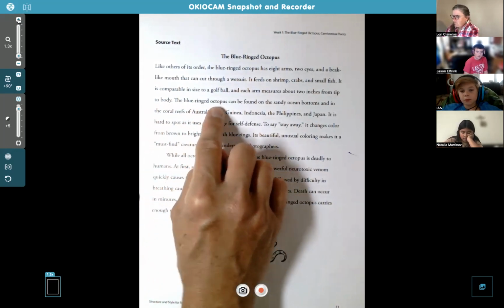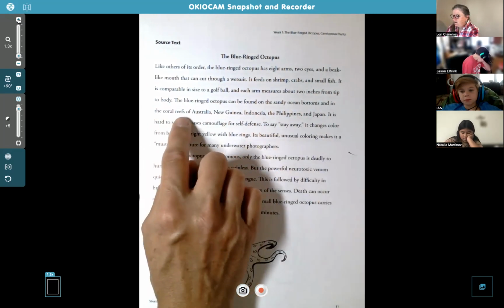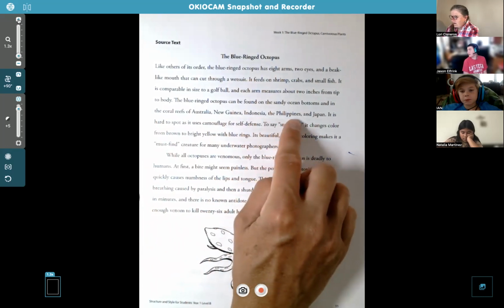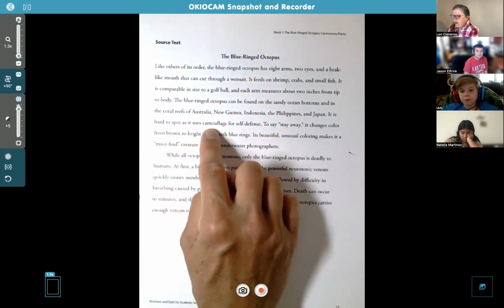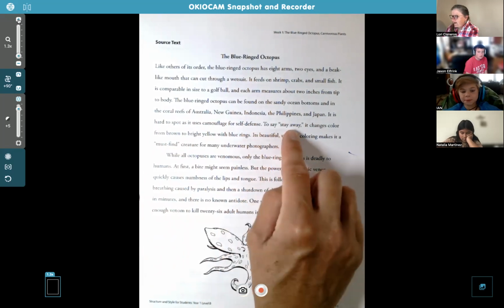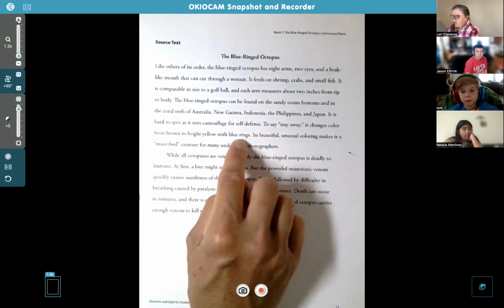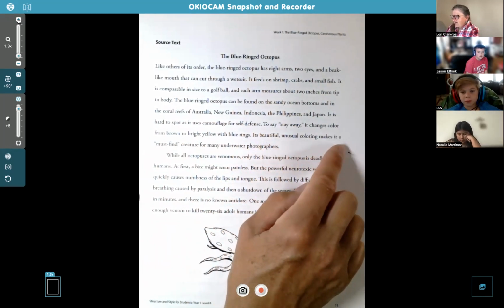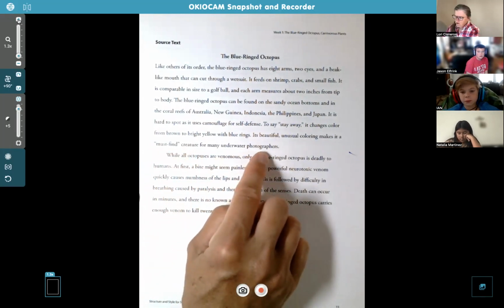The blue-ringed octopus can be found on the sandy ocean bottoms and in the coral reefs of Australia, New Guinea, Indonesia, the Philippines, and Japan. It is hard to spot as it uses camouflage for self-defense. To say stay away, it changes color from brown to bright yellow with blue rings. Its beautiful, unusual coloring makes it a must-find creature for many underwater photographers.